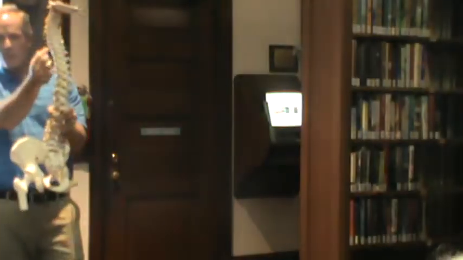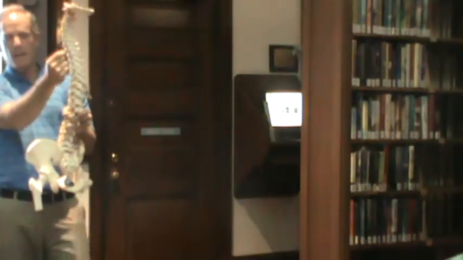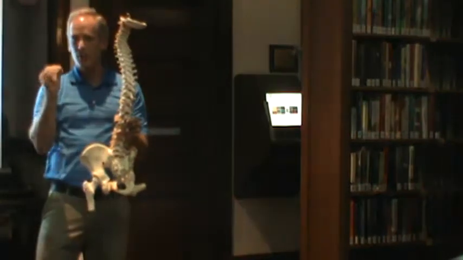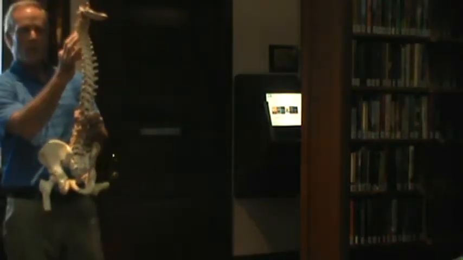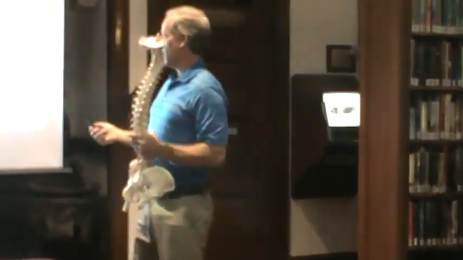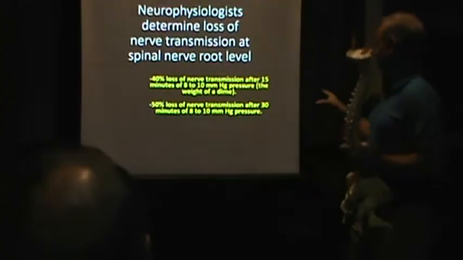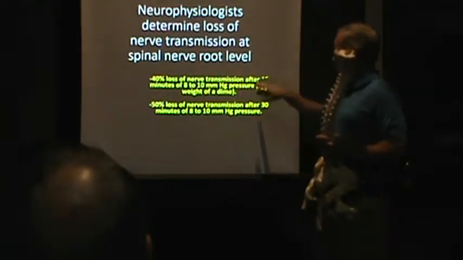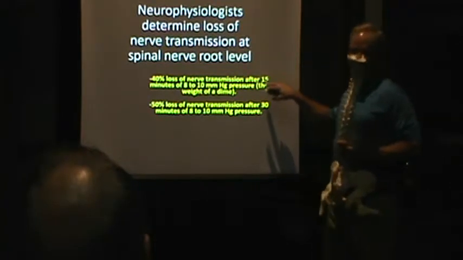So when they put pressure outside of this nerve root ganglion, it could withstand a lot of pressure. When they put it on that nerve root ganglion, just the weight of a dime, which is measured in science as 8 to 10 millimeters of mercury pressure, disrupted that nerve transmission by 40% after 15 minutes.